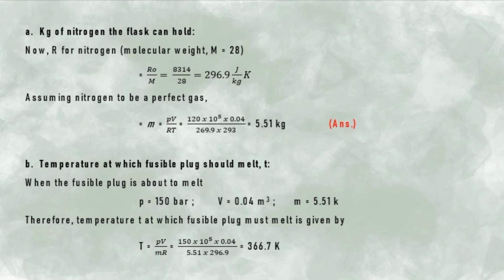We now have the final answer 366.7 Kelvin. But since we need to convert it to degrees Celsius, we will just subtract 273. Now we have 93.7 degrees Celsius as our final temperature answer.